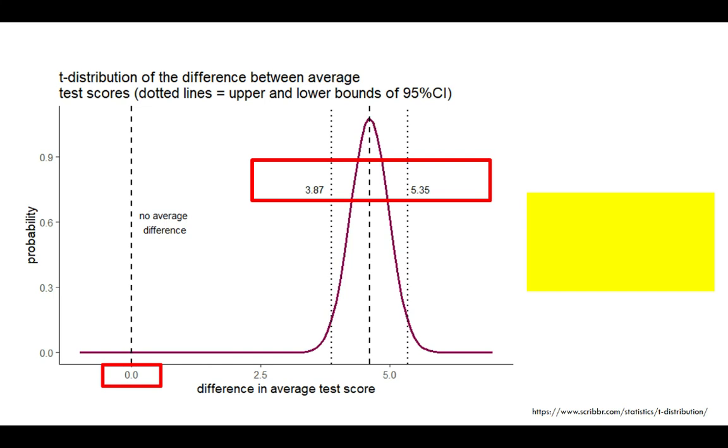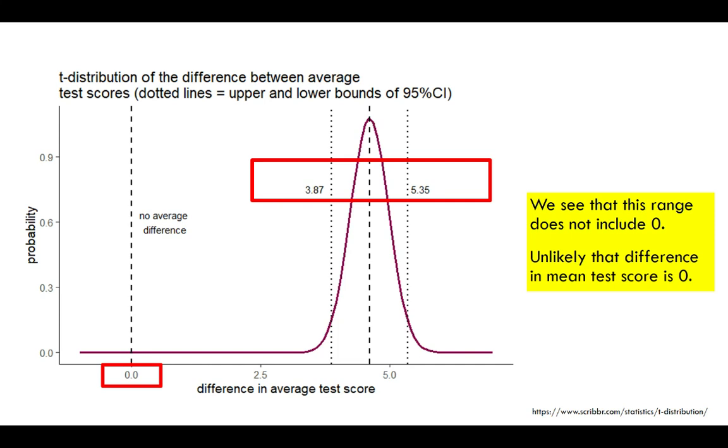And anything in that range, we can say we are 95% confident that we have a difference. But also see, guys, this range does not include 0, right? Look to the left, and I've got it in a red box for you as well. That would mean there's no difference in the means, right? So it's unlikely that the difference in the mean test scores is really 0.